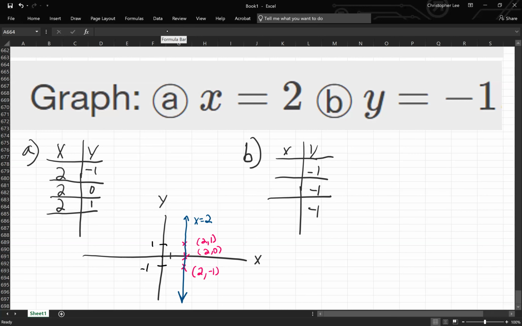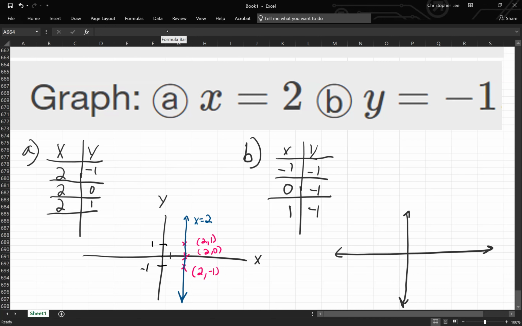What I have to do is pick some x values. Which x values do you think I'm going to pick? My favorite: -1, 0, and 1. Simple. And then after that, go straight to the graph. That's all we have to do.